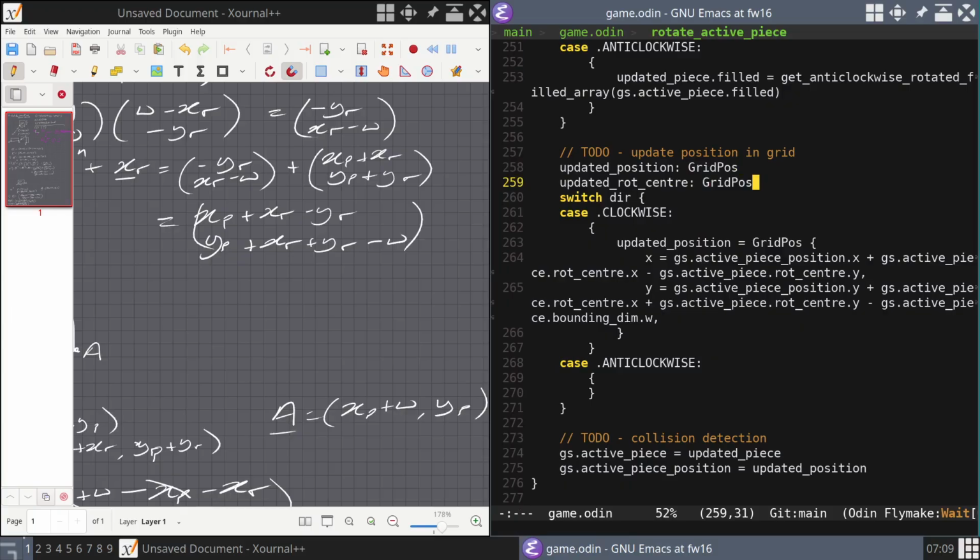Right, because where the bottom left has moved, we need to update that so the next rotation can be done correctly.